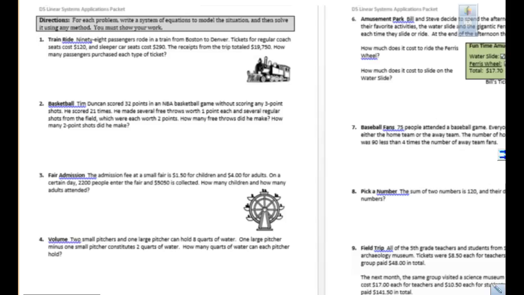I want you to simply start off with writing the equations. And once you have your equations written, I will give you an answer key that shows you all of those equations so that you can check it before you start solving it. Because it does you no good to go through and solve a problem and you have the wrong equations, okay?